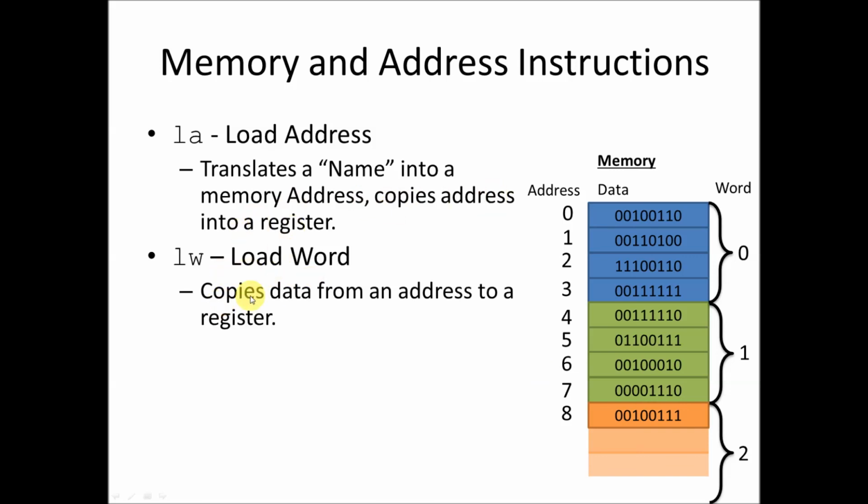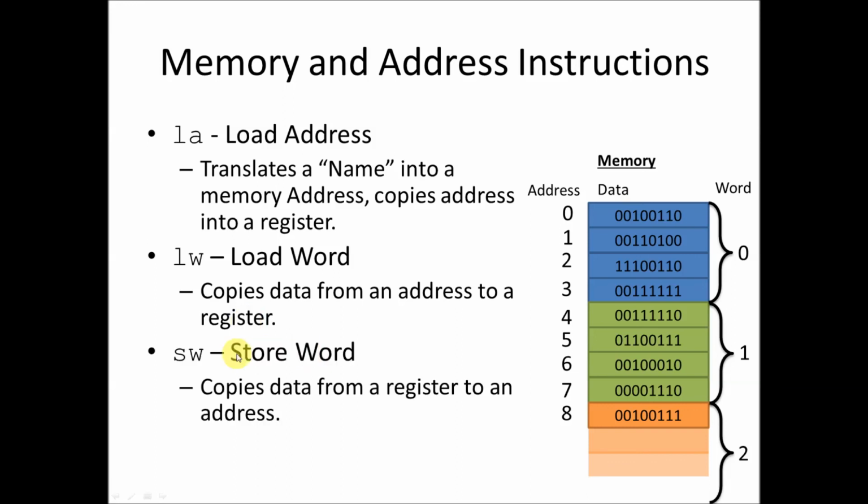The load word instruction copies data from an address: we give it an address, it finds the data in that location and copies it into a register. The store word instruction does the opposite: it takes data from a register, finds an address, and copies that data into that location.